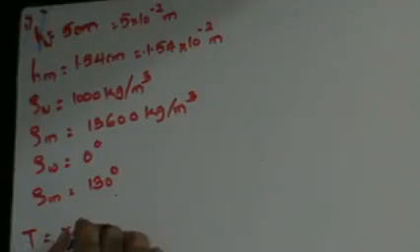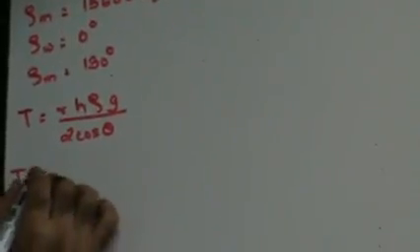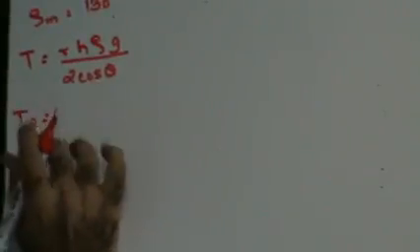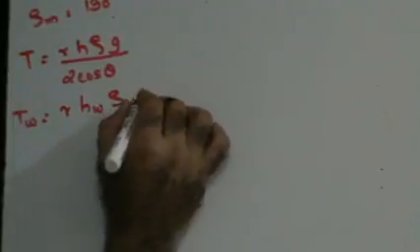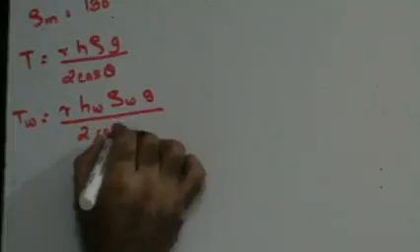Now, we know that the surface tension is equal to r h rho g upon 2 cos theta. Right? So in that case, surface tension of water will be equal to the radius of the capillary tube, height of water, density of water, g as it is, upon 2 cos theta for water.